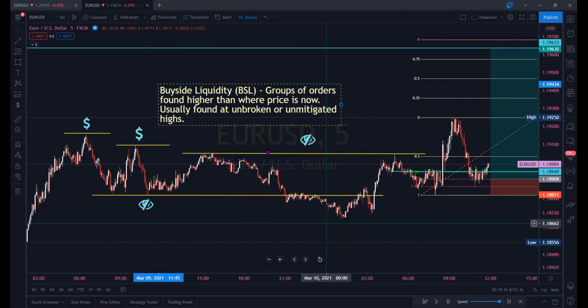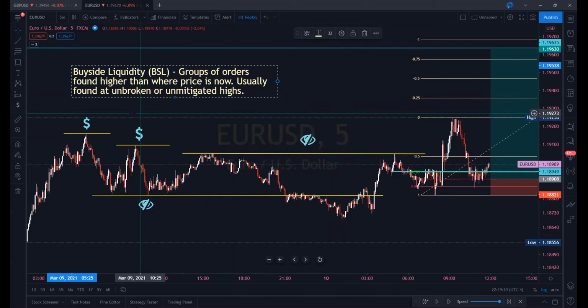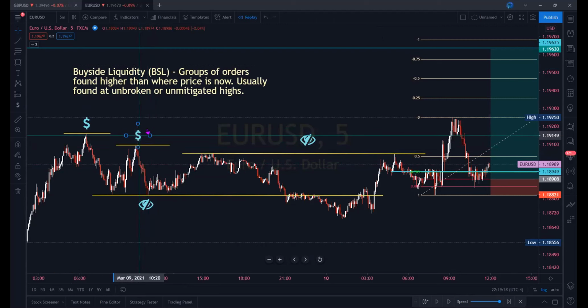And unmitigated highs basically means that the move bounced off of it. So in this case, this is a mitigated high and this is a mitigated high. But the reason why I said that it's a significant high is because it has yet to be broken. So that's still essentially market structure.